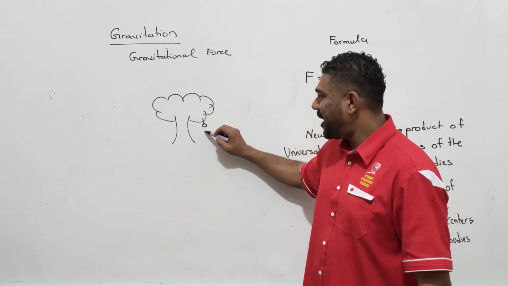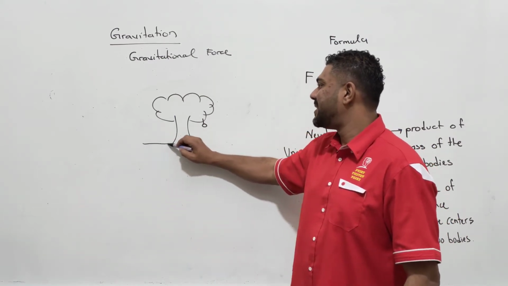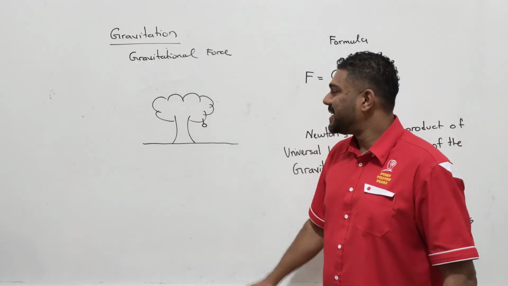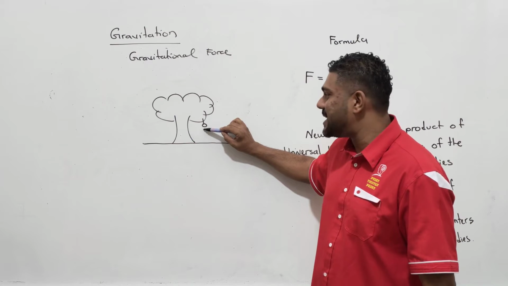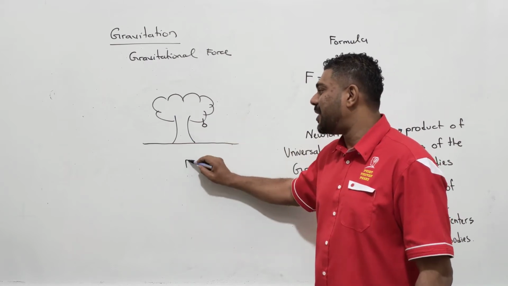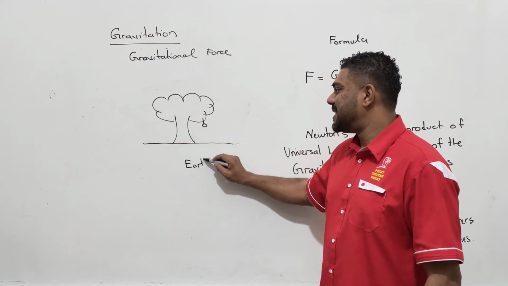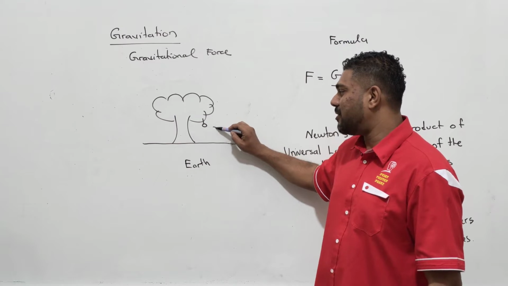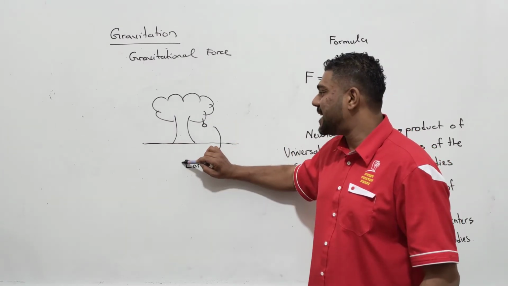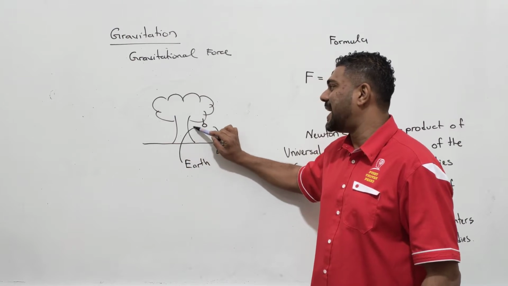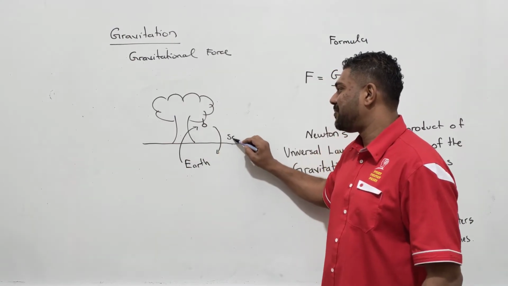So you have your apple tree on planet Earth, and you see the force of gravitation of the apple on planet Earth and the force of gravitation of Earth on the apple is the same.